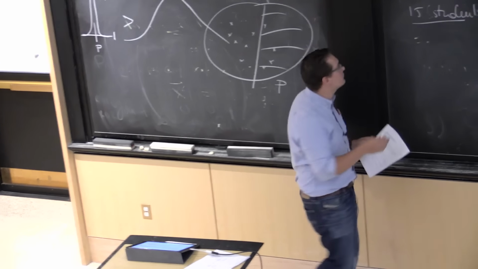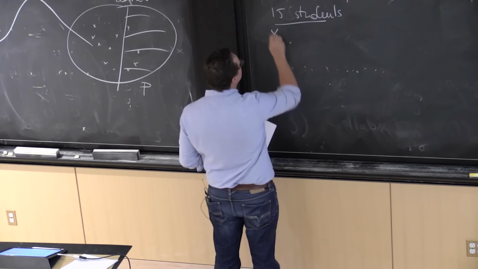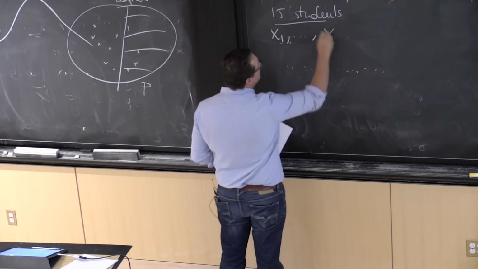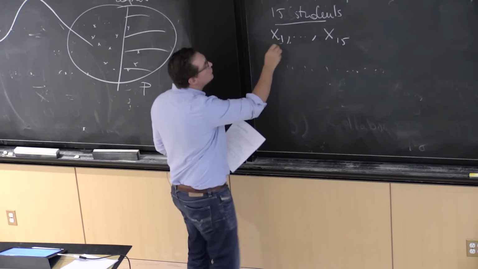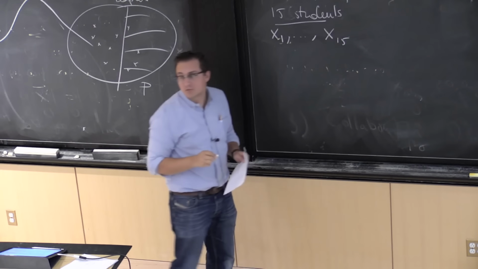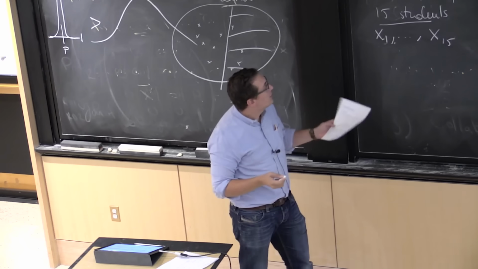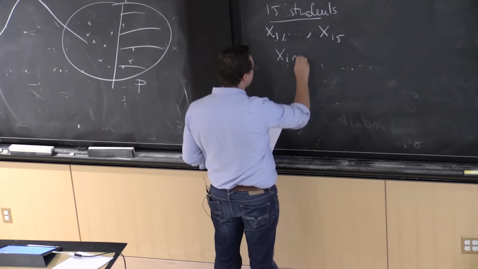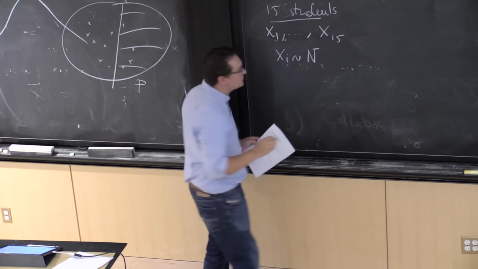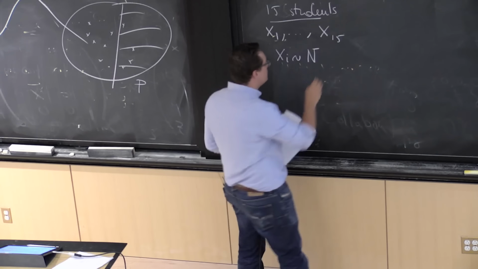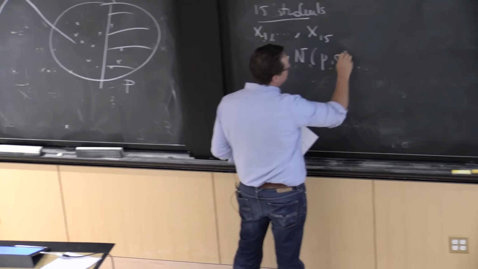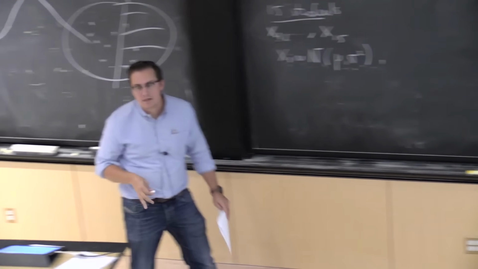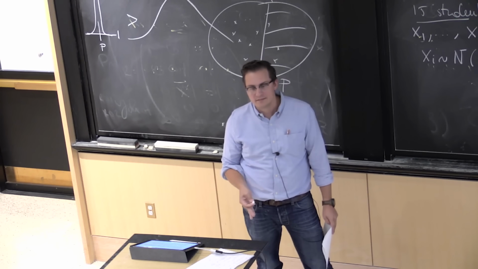So 15 students, and the grades are x1 to x15, right? Just like we had R1, R2, all the way to R124. Those were my Ri's, and so now I have my xi's. And I'm going to assume that xi follows a Gaussian or normal distribution with mean mu and variance sigma squared. Now, this is modeling, right?